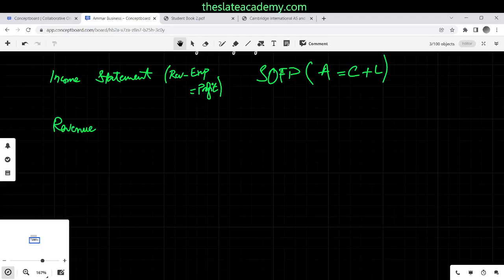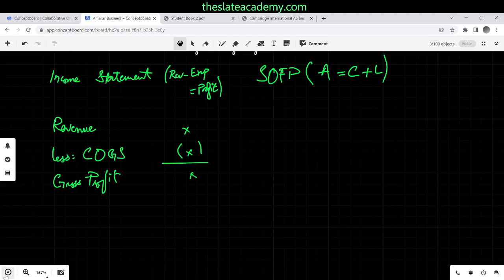From revenue, if we deduct cost of goods sold, we get gross profit. If cost of goods sold exceeds revenue, then we get gross loss.